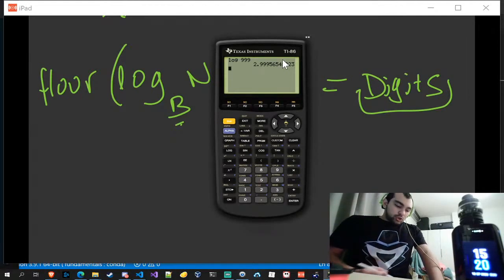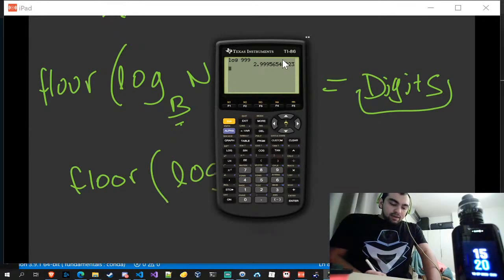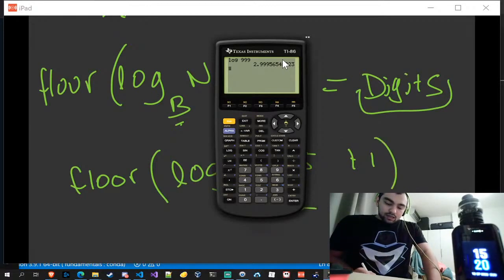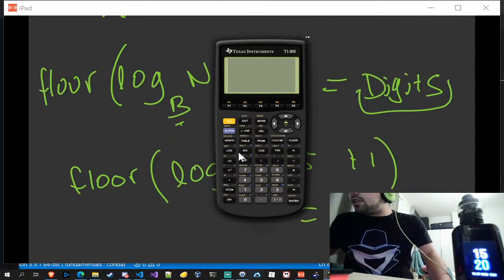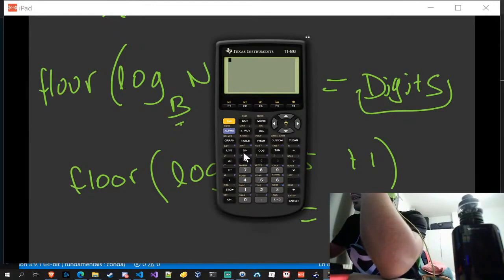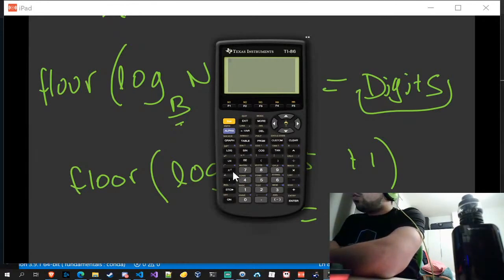So if we floor log base 16 of 255, and then of course we add 1, this is going to give us the answer, and we can do this right now. Oh, can we change bases here? It's a really weird calculator. It does not allow that. Or does it? I just don't see it. Where can we put our log base? It doesn't seem like we can.